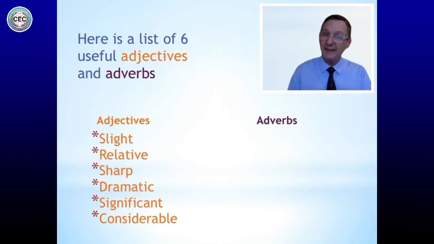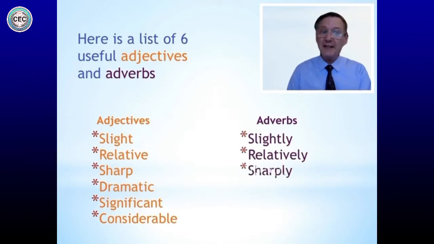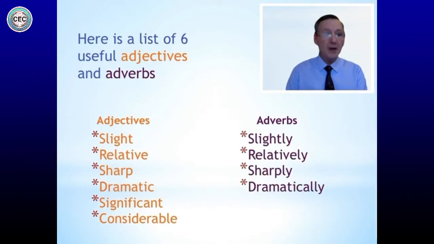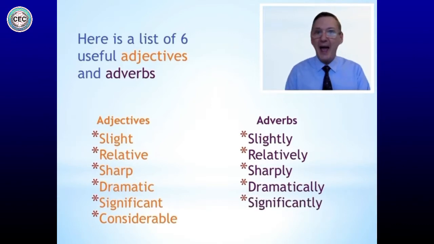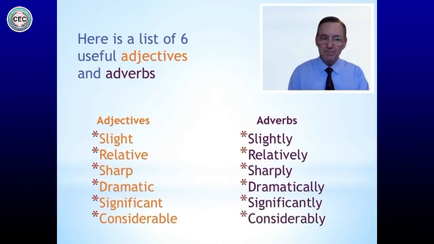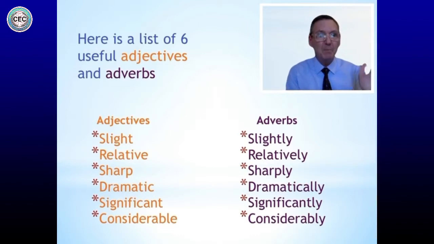So slightly, relatively, sharply, dramatically, significantly and considerably. These 12 words will change your IELTS score from a 6 to a 7 by simply using these words. You have to use them correctly.